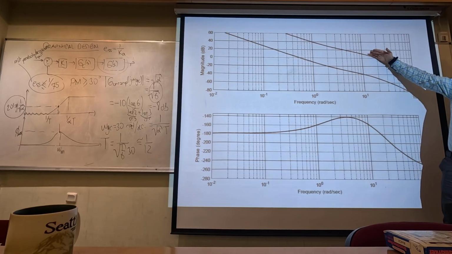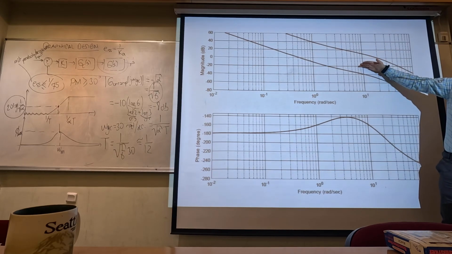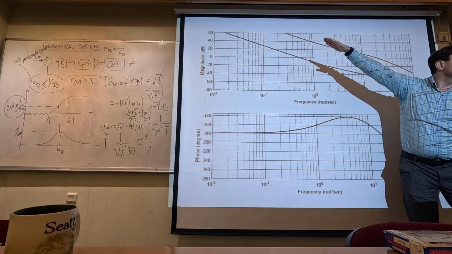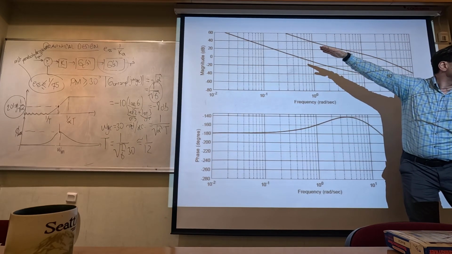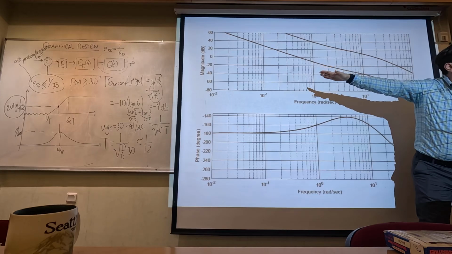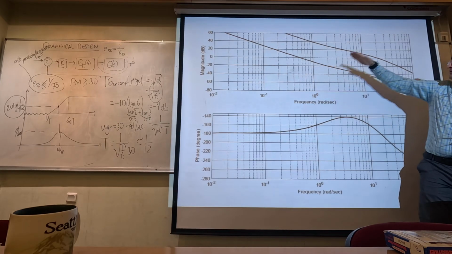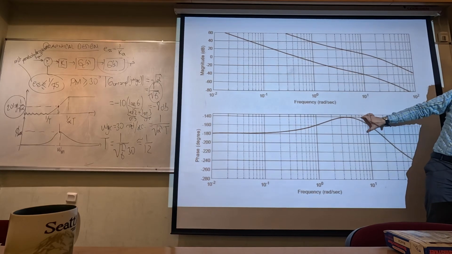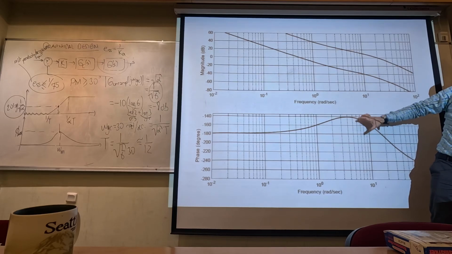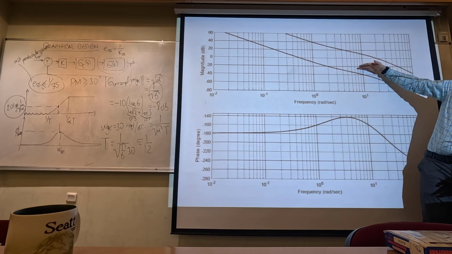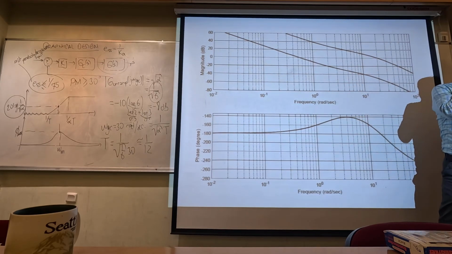If you decrease the gain here, then the gain is going to be decreased throughout all frequencies. Then you will lose the steady state error performance in that case. If you decrease the gain to increase the phase margin, you will lose the steady state error performance.